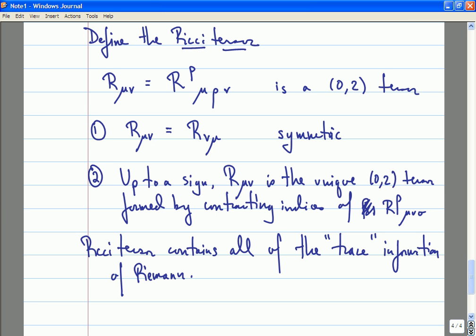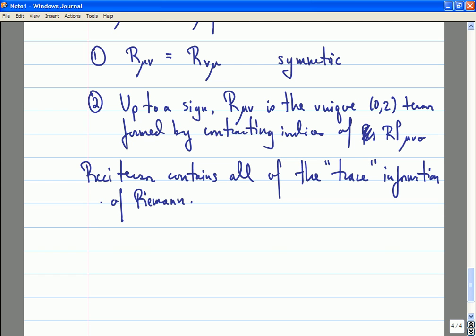So the Riemann tensor is a complete packaging of all of the information about the curvature of space-time, and the Ricci tensor will contain only some of the information about the curvature of space-time.